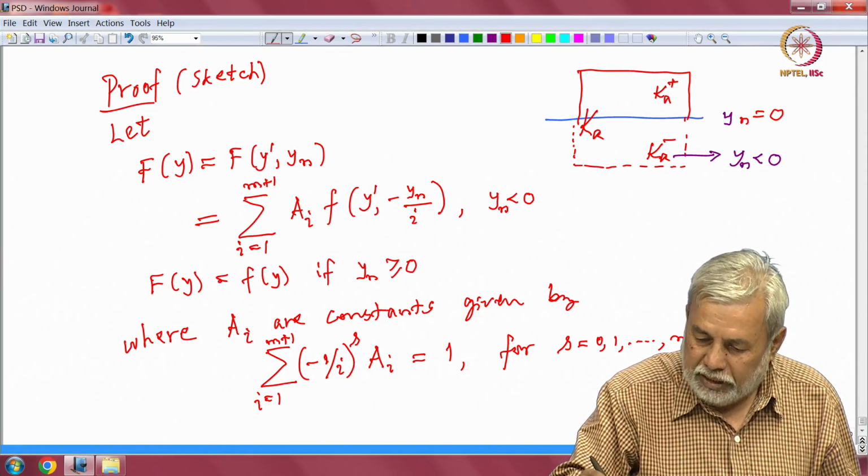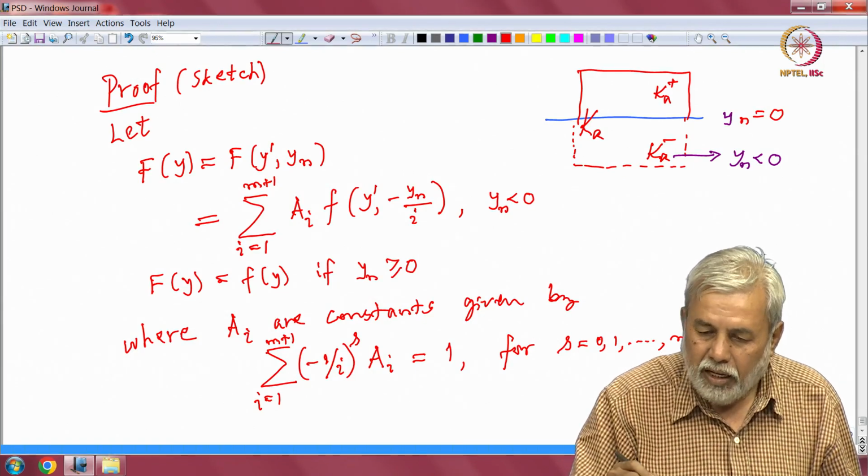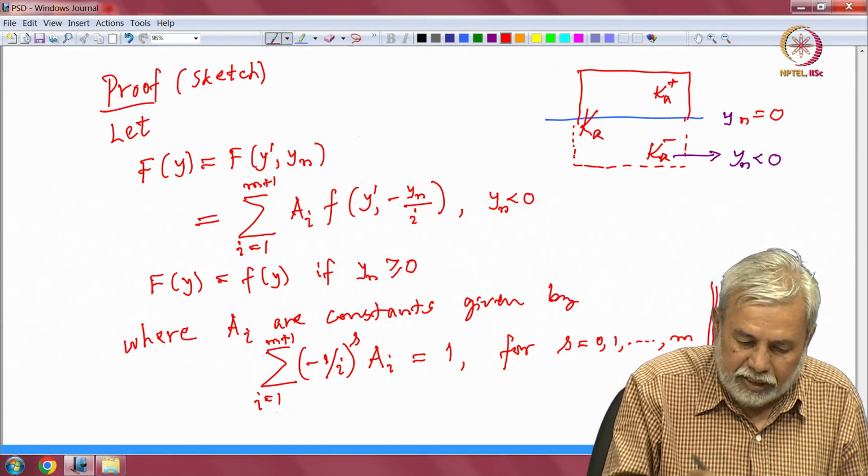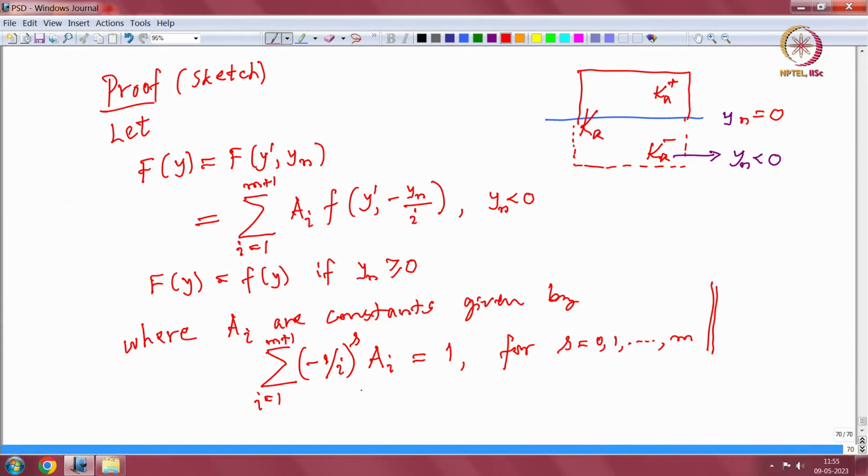So where does this come from? The idea is that in order to get these relations, we have to equate the values of f and its derivatives up to order m from both sides. You take the limit as y_n tends to 0, and then these coefficients will precisely satisfy this equation.